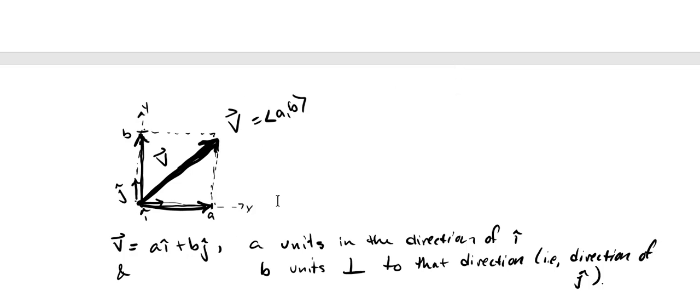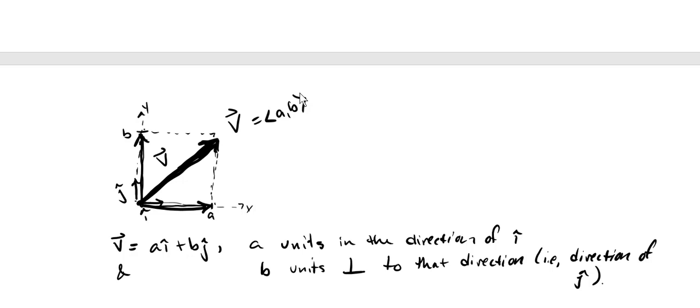The components of our vector naturally describe how far we go in the direction of the i vector, just some direction given by the positive x-axis, and how far we need to go perpendicular to that, the j direction, to get these two vectors that add up to v.